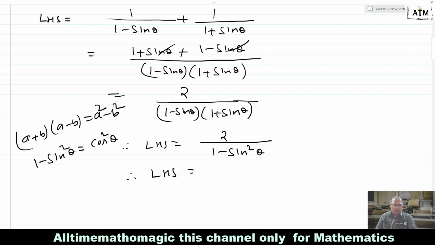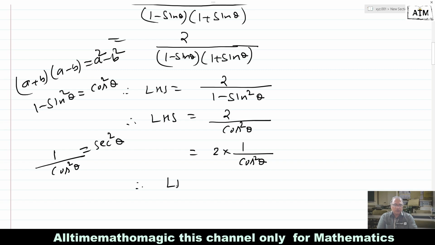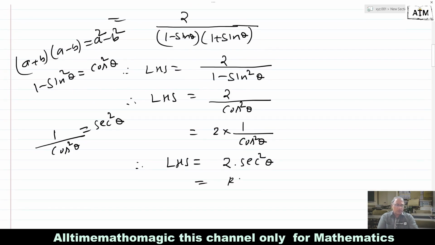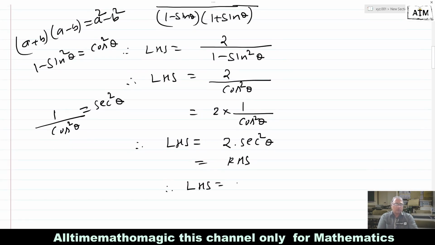Therefore, LHS equals 2 upon cos square theta, equals 2 into 1 upon cos square theta. 1 upon cos square theta equals sec square theta. Therefore, LHS equals 2 sec square theta. That is nothing but RHS. Therefore, LHS equals RHS, proved.